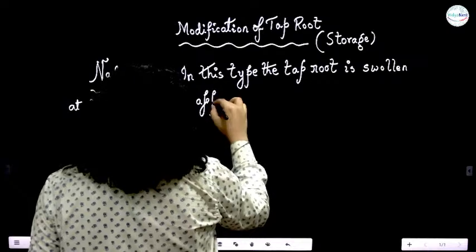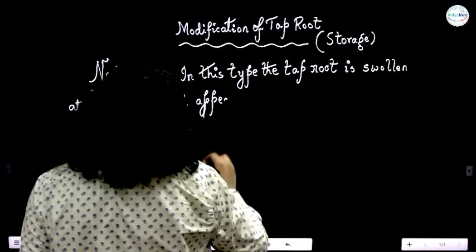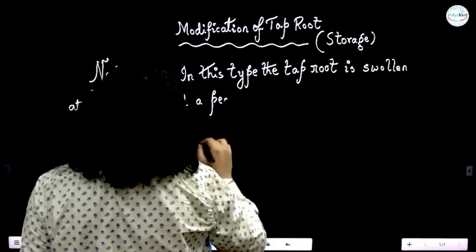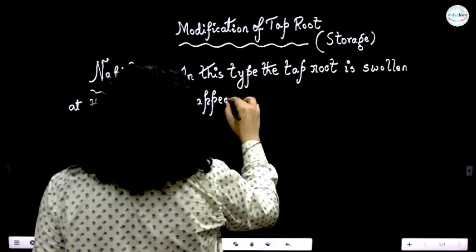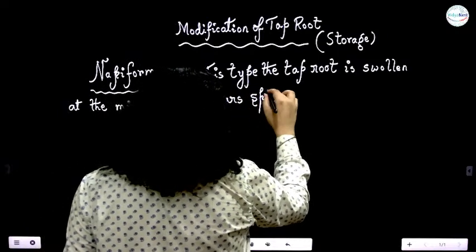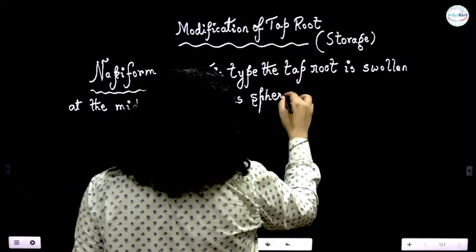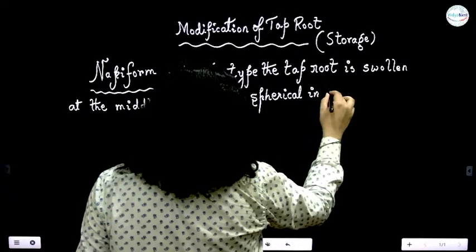That means they appear spherical in outline. They are so swollen that they appear spherical in outline.